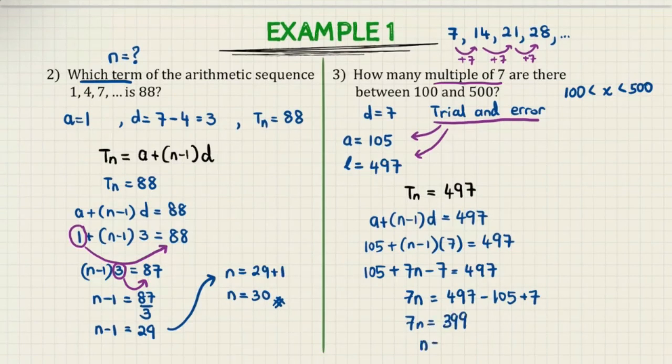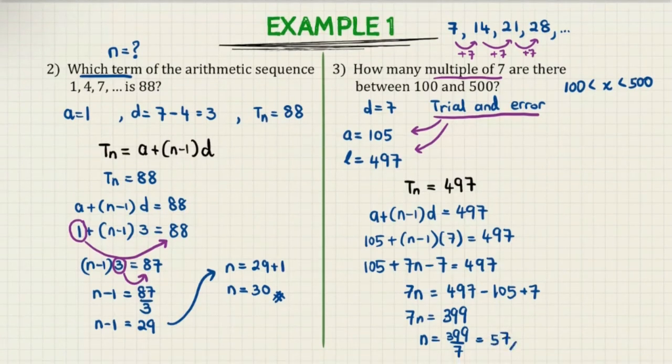So N will be equals to 399 divided by 7, which is 57. So that is our final answer. How many multiple of 7 are there between 100 and 500? So there are 57 multiple of 7.